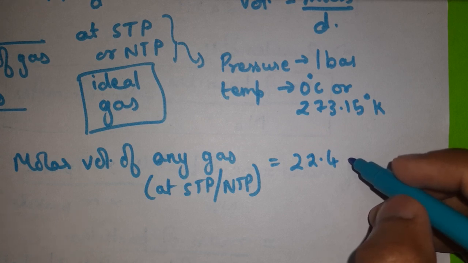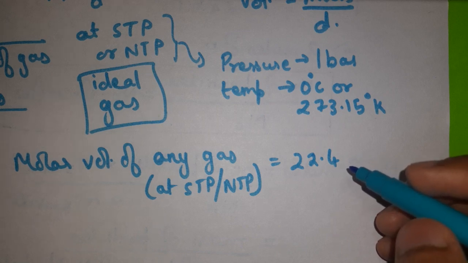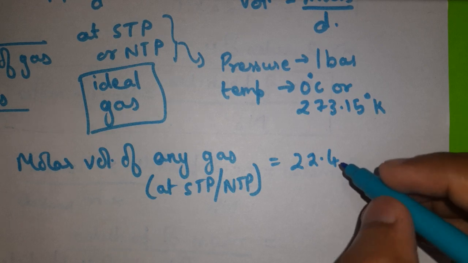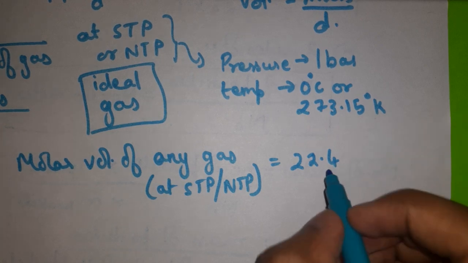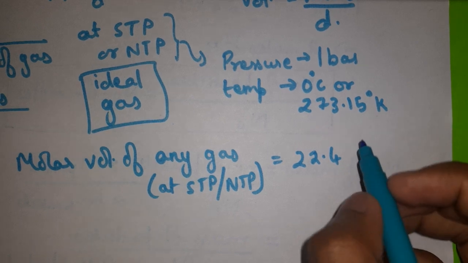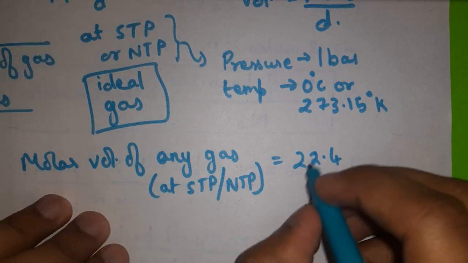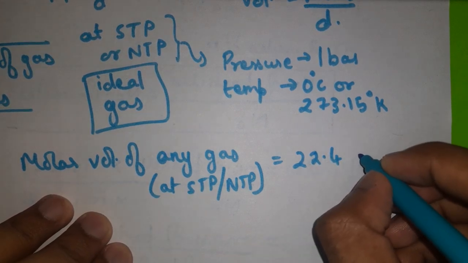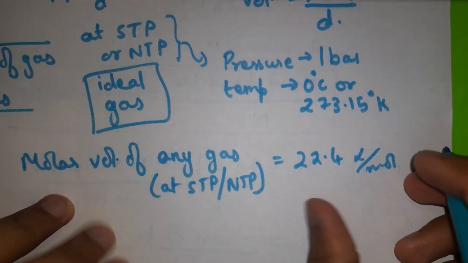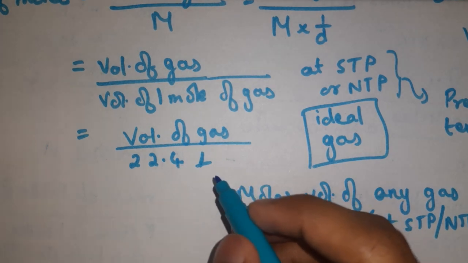But our syllabus has not been updated yet, and that is why this is still taken to be 22.4, though it's actually supposed to be 22.7. But in questions, in numericals, you should always use 22.4 liter per mole, and since we are only taking 1 mole, we don't write mole. It's just 22.4 liter, right?